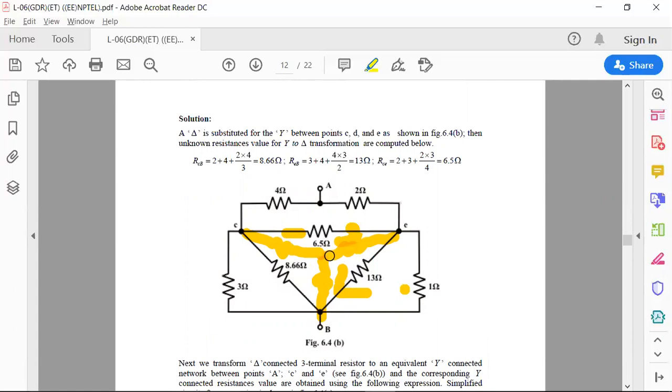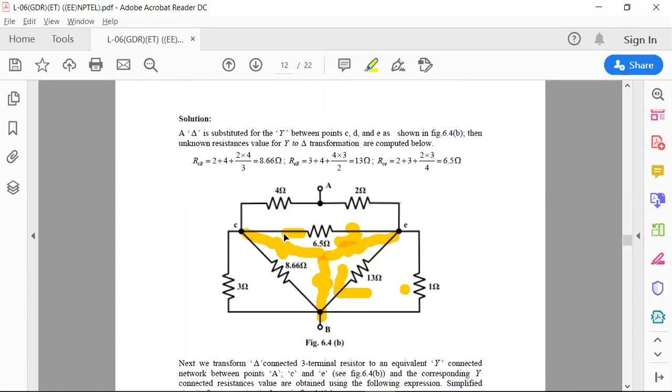After redrawing that, we just applied the star to delta conversion. Star to delta is nothing but we need to take the adjacent arms. If you are finding RAB, it means RA plus RB plus RA into RB by RC, like that. If you are finding RBC, it means RB plus RC plus RB into RC by RA, like that.